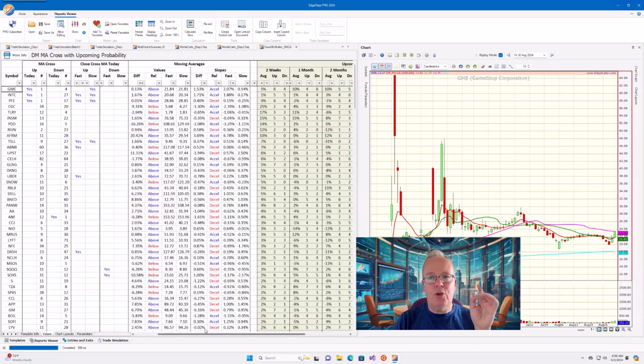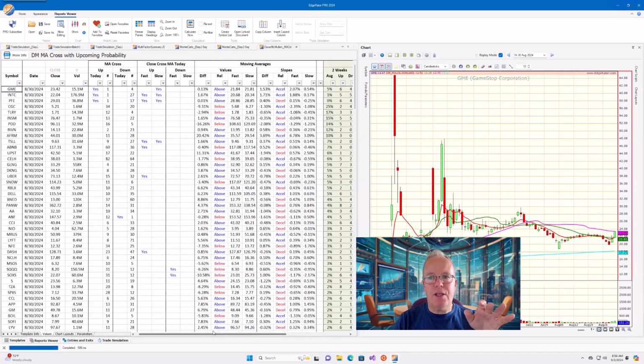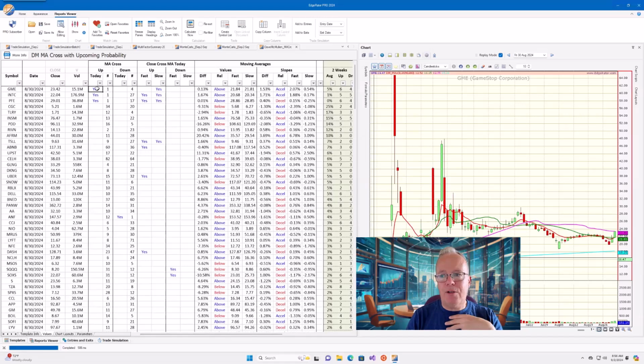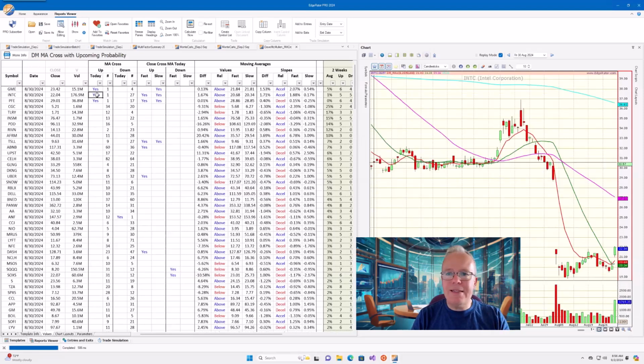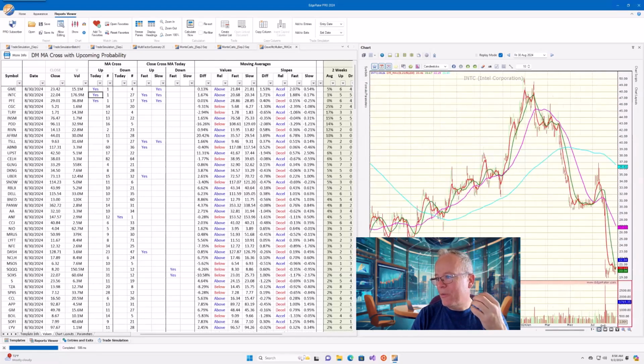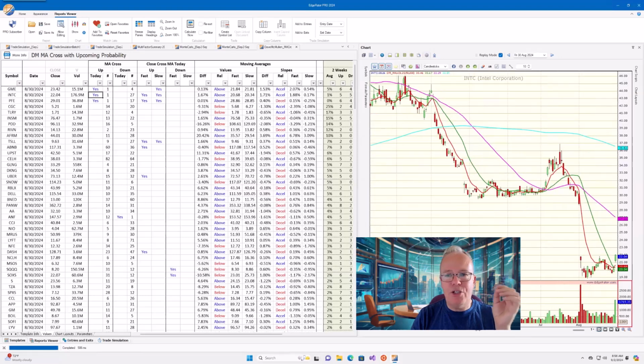You can first of all look at your moving average crosses and then say, yeah, they're happening. There's a cross here in GME, GameStop. Okay, let's forget about GameStop. INTC, Intel, and this is a great one to be interested in, I think, because it's had such a disastrous time over the last while, and yet it still is a major US company.